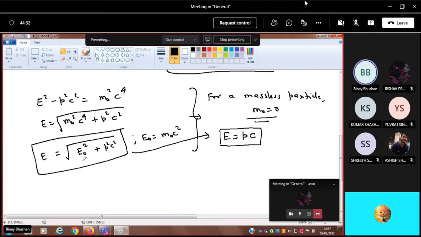Is it clear? Yes, sir. So we have a relation between the energy and momentum of a massless particle. The energy and momentum of a massless particle are related by E equal to PC.